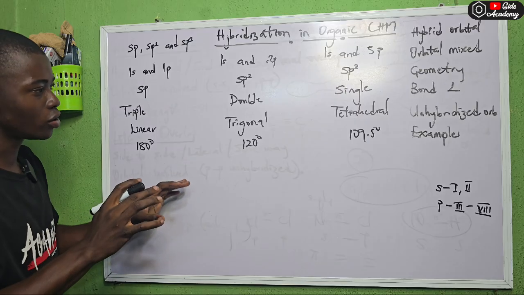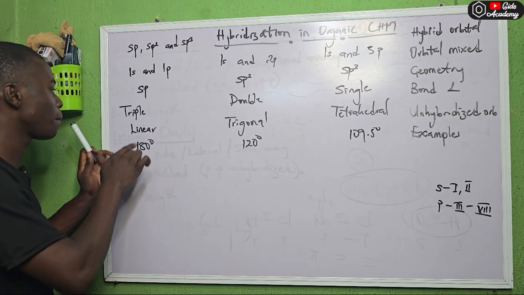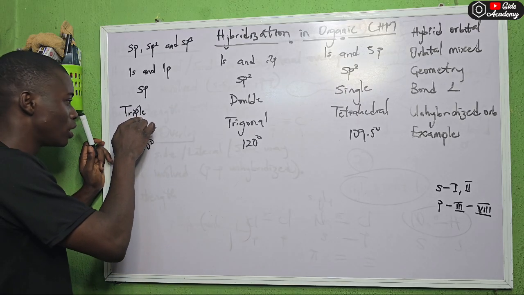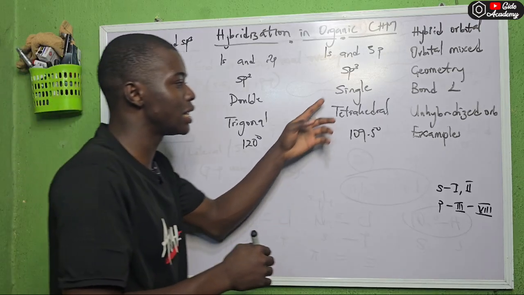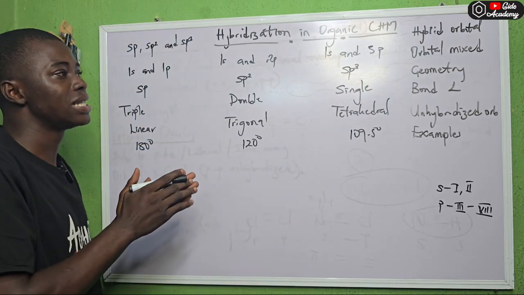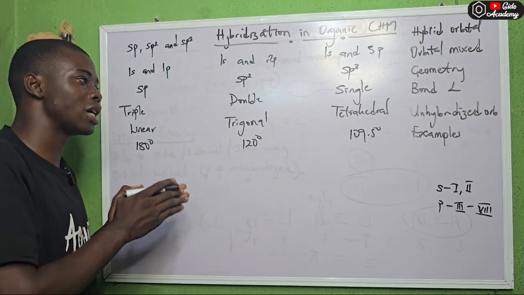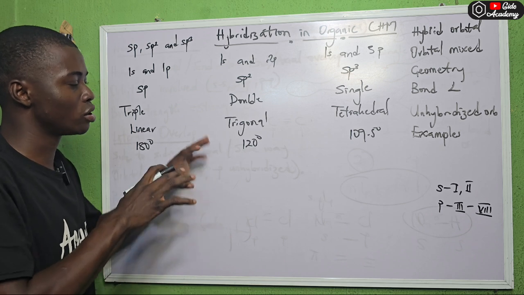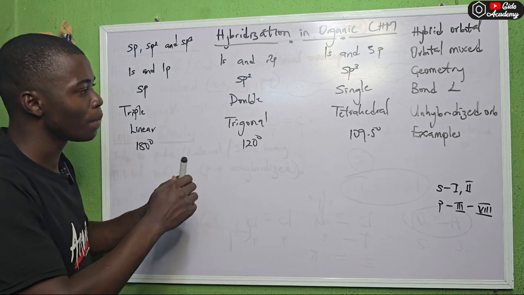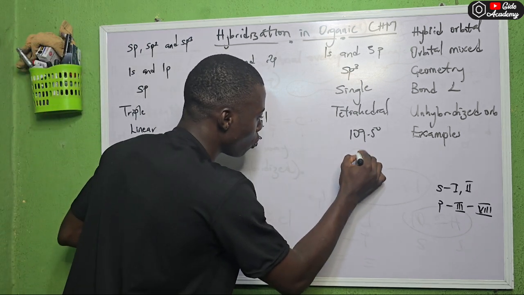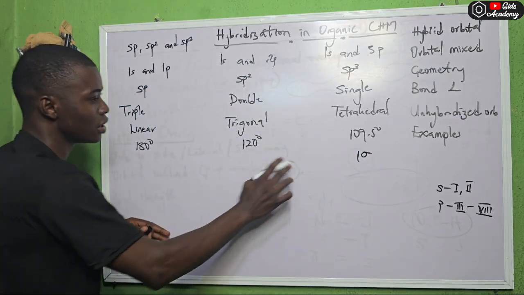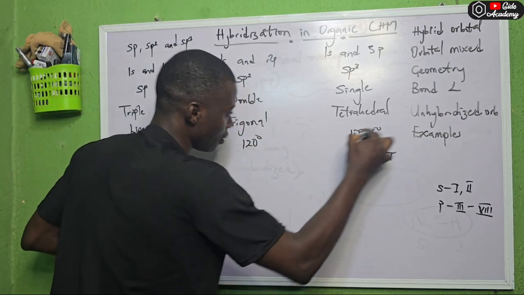Apart from this, I want you to take note of something again. The triple bond, double bond, or single bond have what we call sigma and pi. I want to use the concept of sigma and pi in this video. Every single bond has one sigma and 0 pi.